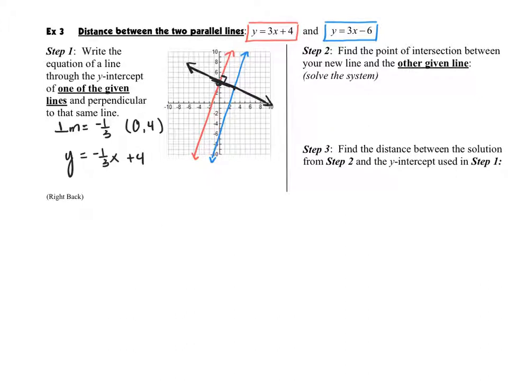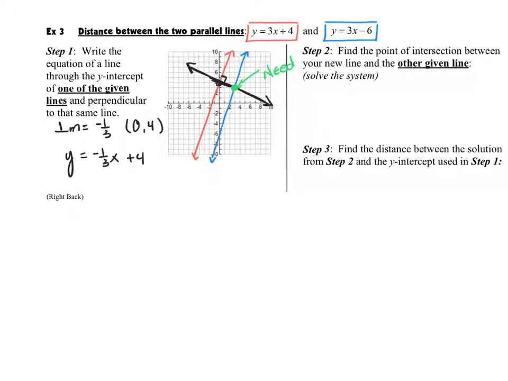Now I need to know this point of intersection right there. And the only way I can get that point of intersection is to solve the system of equations between the blue line and the new black line that I've created. So those are the two equations that I'm going to set equal to each other.